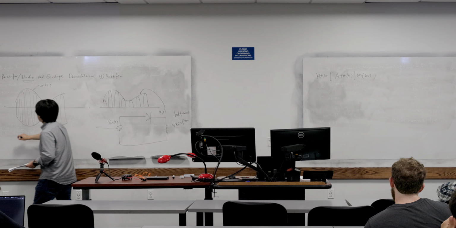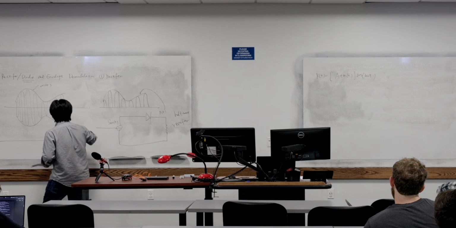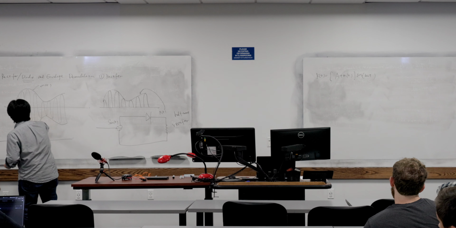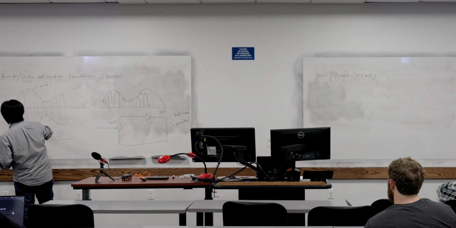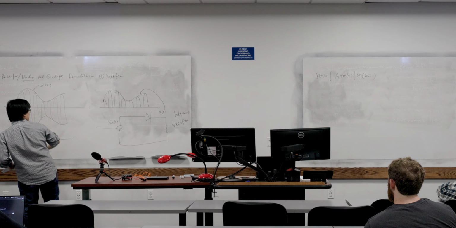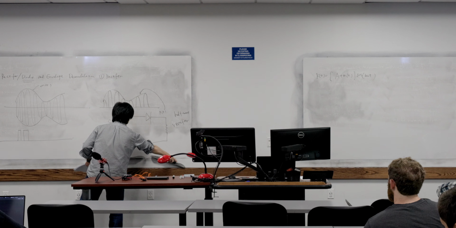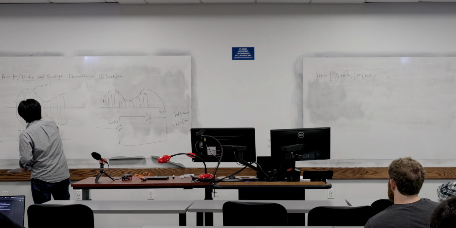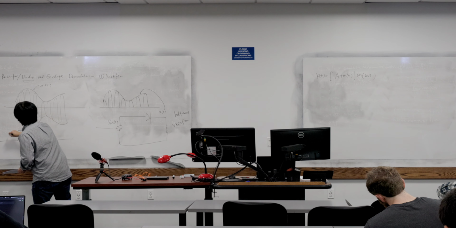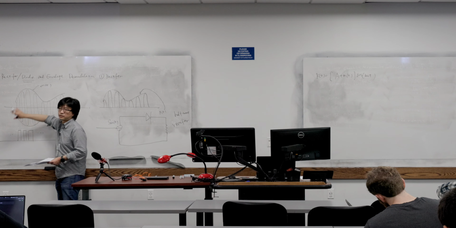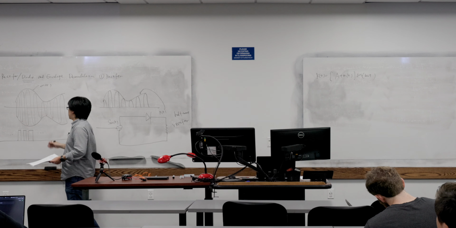In other words, we multiply this by something like this. My drawing is not that great, but you get the point. We just maintain this part, multiplying by this kind of square wave.